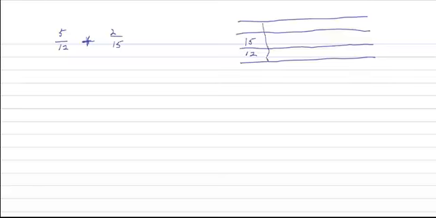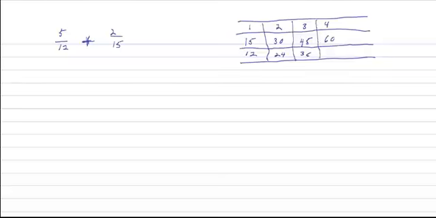And of course, 1 times 12 and 15 is 12 and 15. Now we're going to double them. So we get 30 and 24. And now we're going to triple them. And we get 45 and we get 36. And now we're going to multiply them by 4.